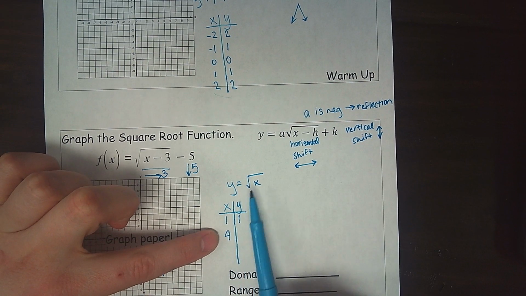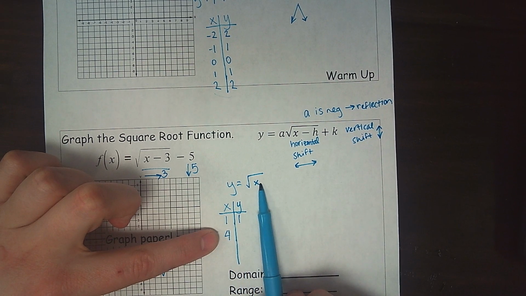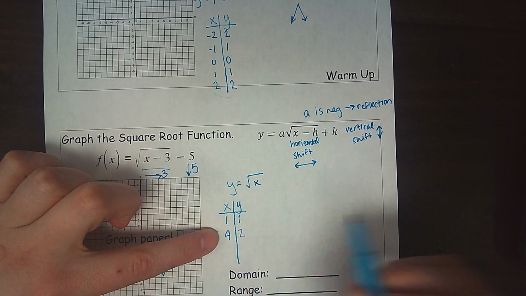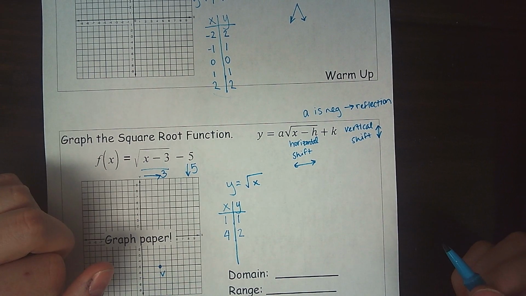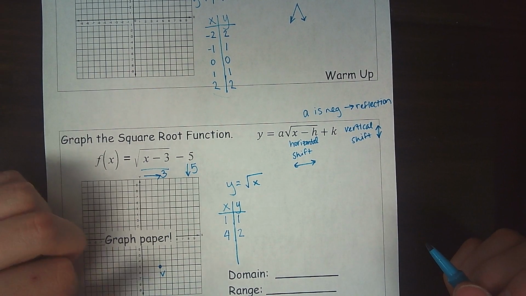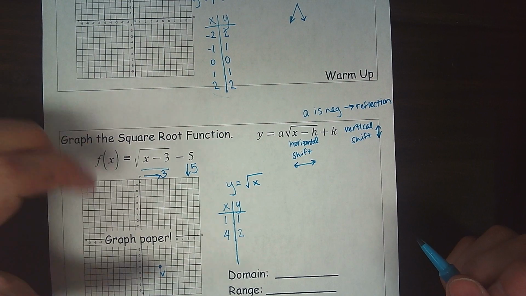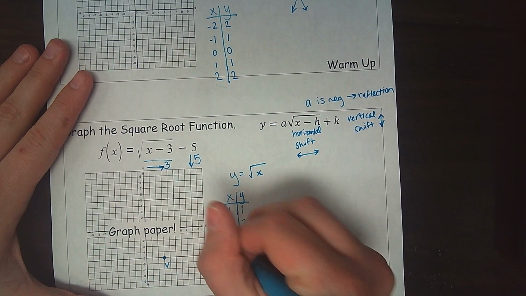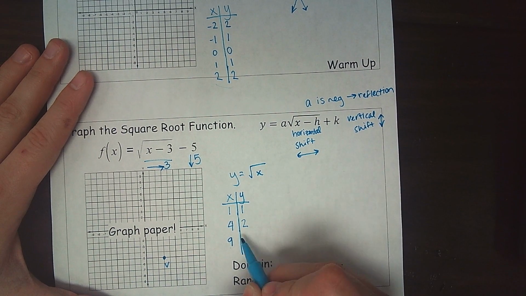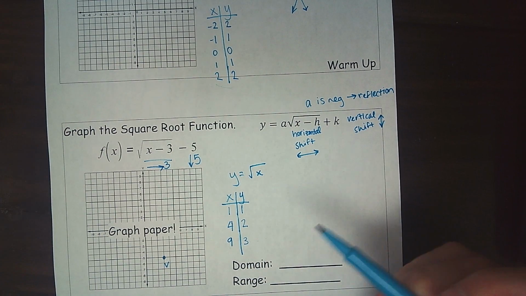And now if I input a 4 for my x, I'm going to get a 2 as my output, a 2 for my y value. And then the next number that I can take the square root of nicely is going to be 9. And when I input a 9 for x, I'm going to get a 3 in return.